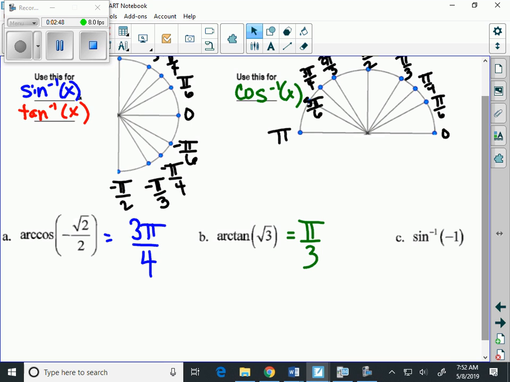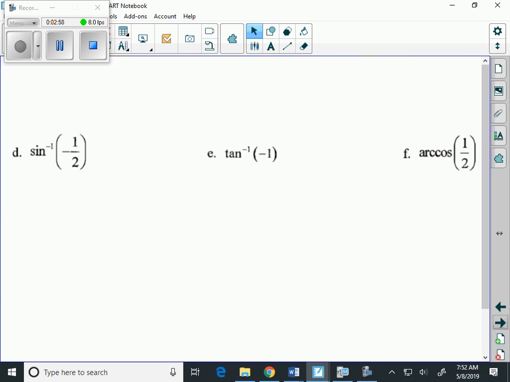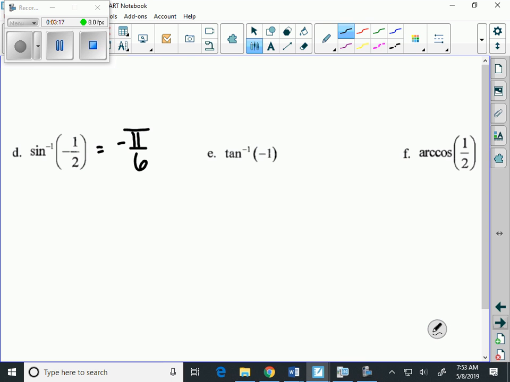The inverse sine of negative 1 is going to be negative pi over 2. Inverse sine of negative 1/2: where does sine equal negative 1/2? Because we're restricted only to the first and fourth quadrants, where does sine equal negative 1/2 in the fourth quadrant? It's going to be negative pi over 6.